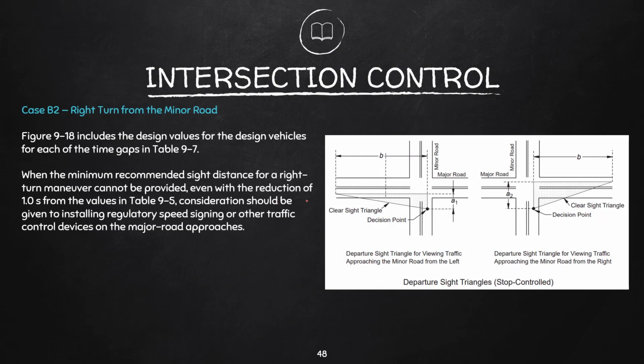When the minimum recommended sight distance for a right turn maneuver cannot be provided even with the reduction of 1 second from the values in table 9-5, consideration should be given to installing regulatory speed signing or other traffic control devices. If it does not meet the values in table 9-5, even if you reduce it by 1 second, we should provide traffic control devices.